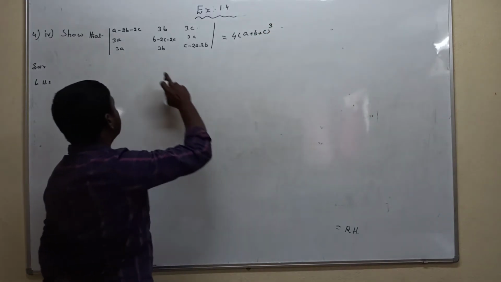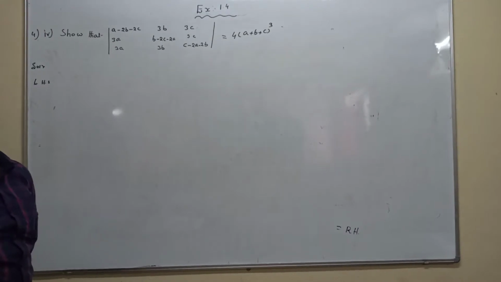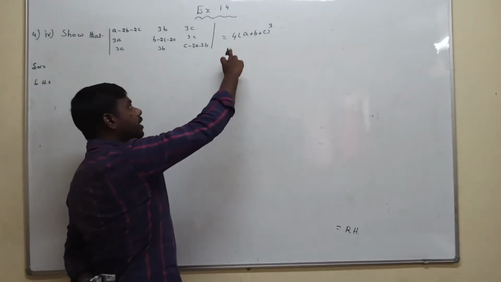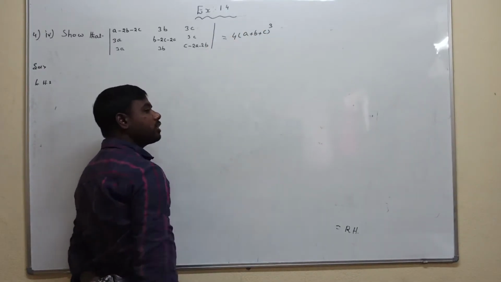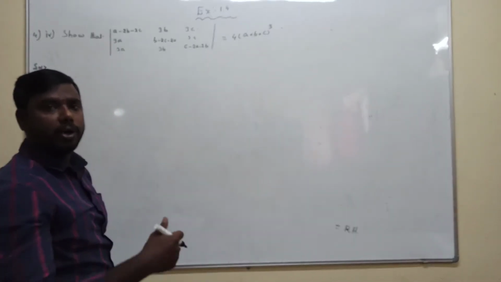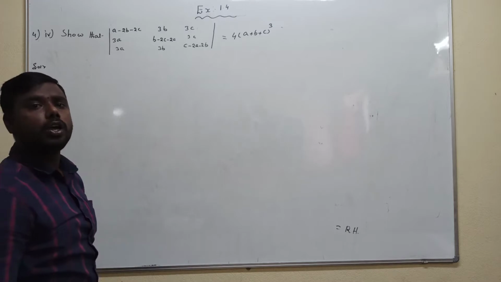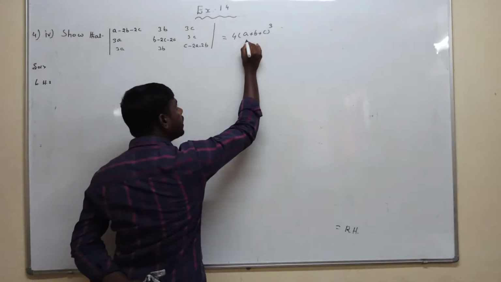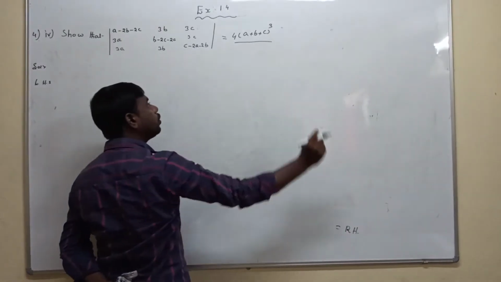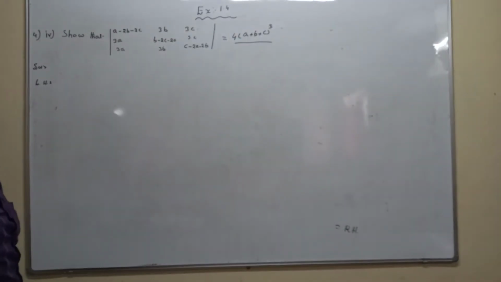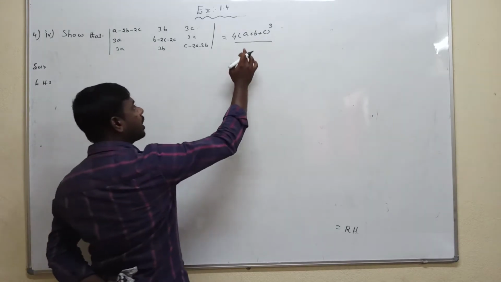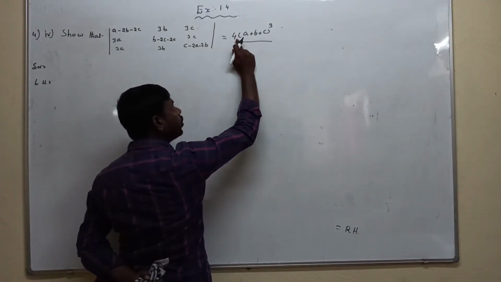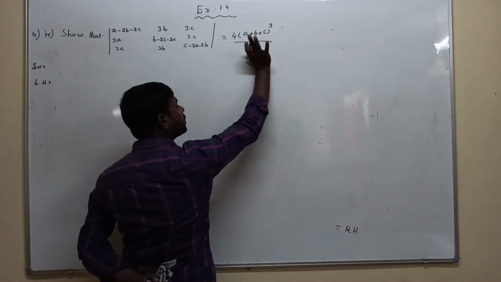In the before question, in place of 2 what is the value? 3 is there. In place of 3, 4 is there. But right hand side, in the before question 9 into (a+b+c) whole cube is there. But in this question 4 into (a+b+c) whole cube. First we have observed the 4 into (a+b+c) whole cube. 4 can be written as 2 into 2(a+b+c) whole cube.